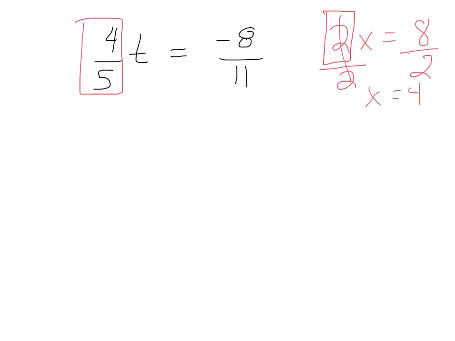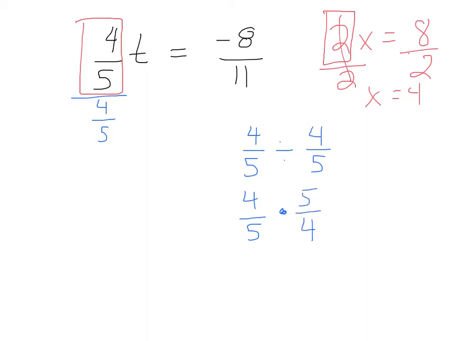It's the same strategy we're going to take for this one. We've got t is being multiplied by 4/5, so let's divide 4/5. But remember what happens when you take 4/5 and you're dividing 4/5. That's the same as taking 4/5 as it is, changing the sign to multiplication, and flipping the second.